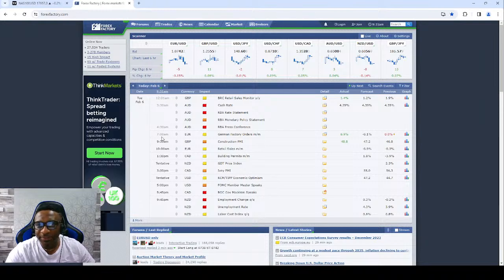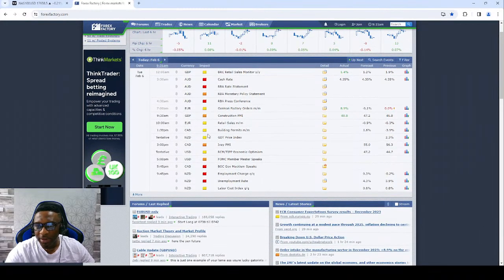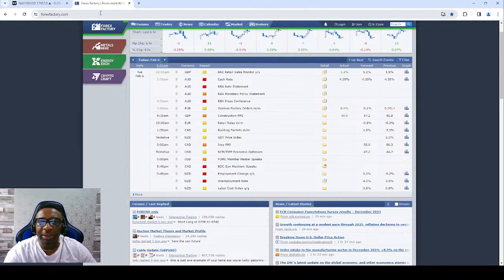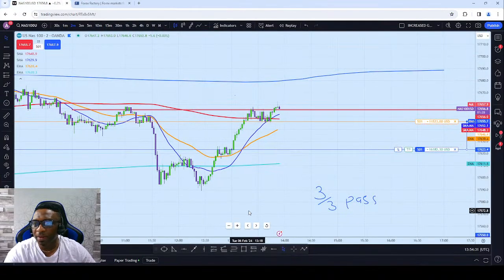Okay, this was 3 a.m., so 2 o'clock. There are some red flags here, but at this point in time it's all yellow, low impact news. So we're good.